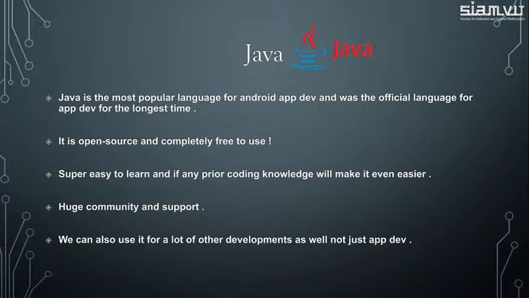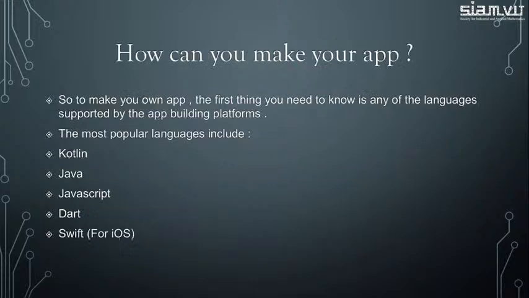I wouldn't suggest you go for any other language except Java if you're starting off with Android app dev basics, because Java gives you the absolute basic fundamentals that will get your fundamental set right if you do coding in Java. I wouldn't suggest you jump right into Dart. You could, but I wouldn't suggest you go right into Dart without any prior coding knowledge.